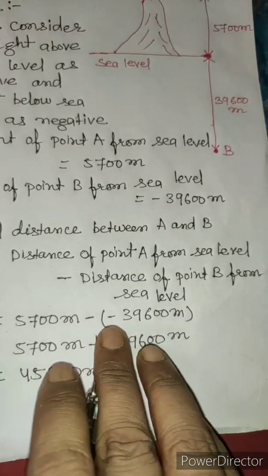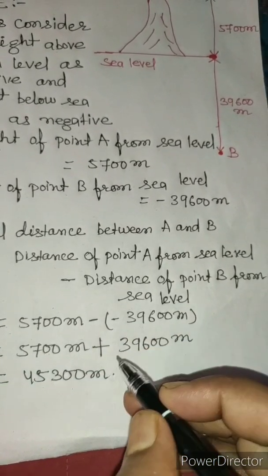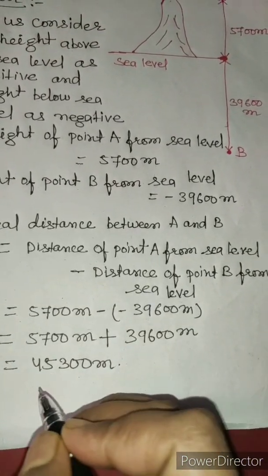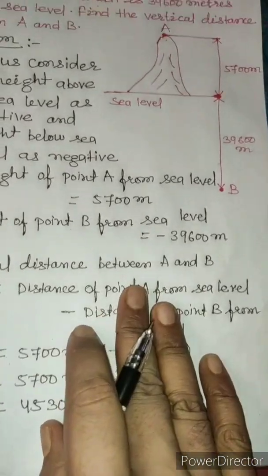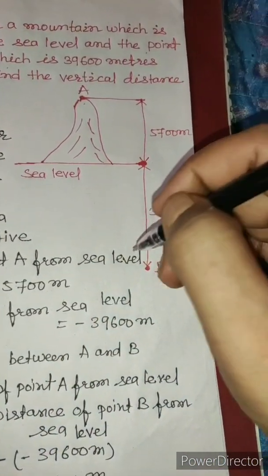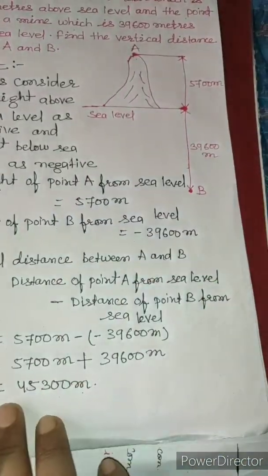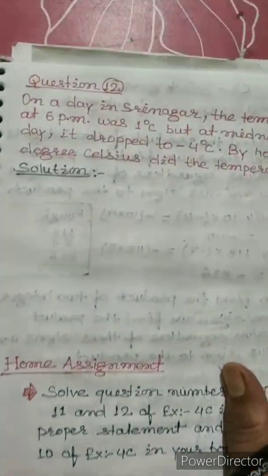The additive inverse of minus 39,600 will be plus 39,600. Now after adding these two integers, it is coming 45,300 meters. It means the vertical distance between B and A is 45,300 meters.